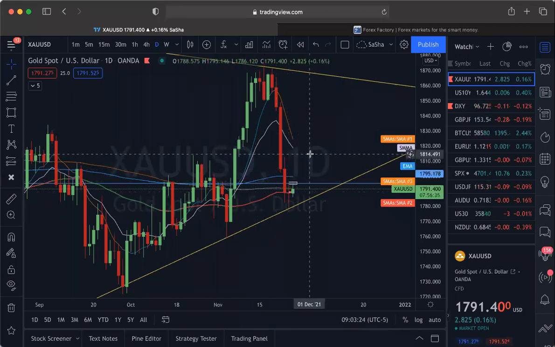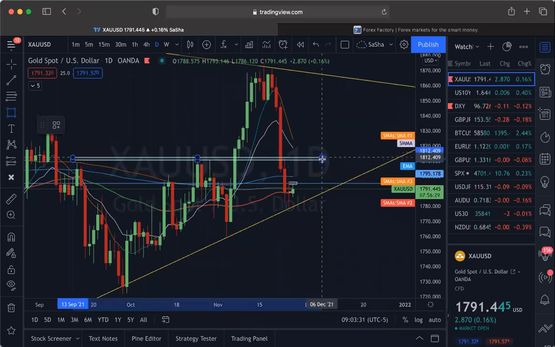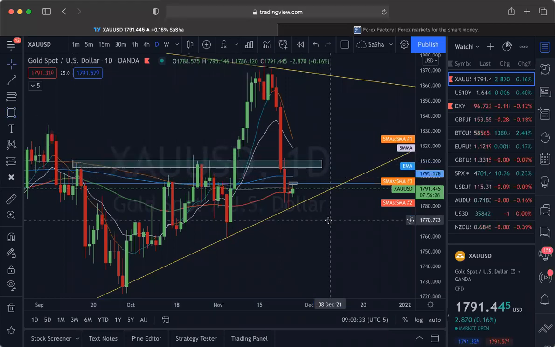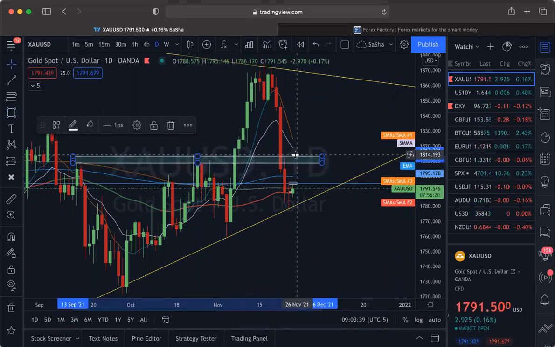So maybe by the time we come back and retest this area on the left-hand side, which is important, right here, we come back and retest it again, our moving averages could be coming down as well, and we might meet up somewhere here, right in the middle.